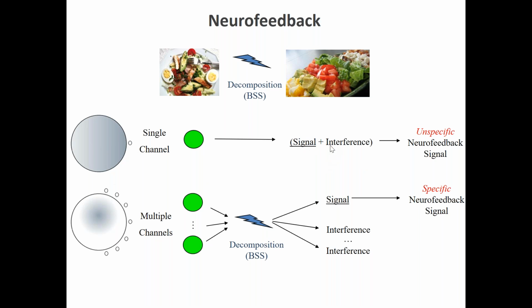So it records some signal, which is what you want to train. Let's say you put it on the motor cortex and you want to train the motor cortex. The signal in this case would be what is produced by the motor cortex, but you will also record what we call interference, something else: the visual cortex, or the motor cortex on the other side of the brain, etc. So when you do neurofeedback this way, your neurofeedback signal is actually spatially unspecific.